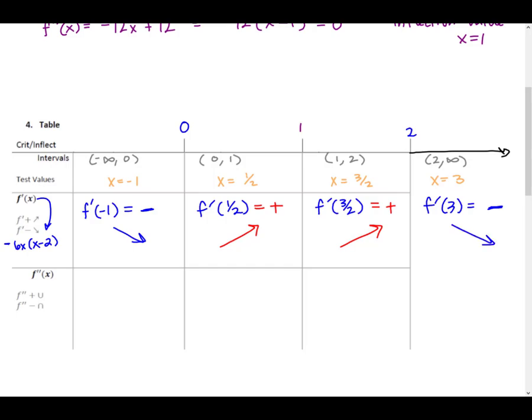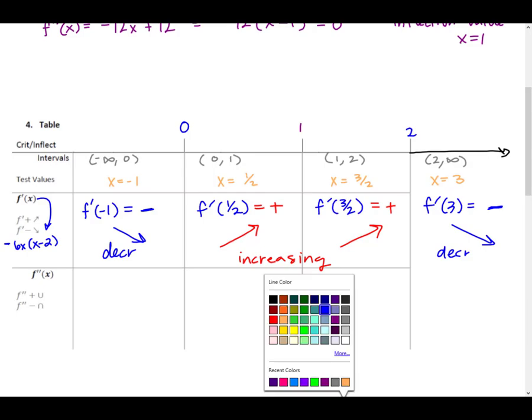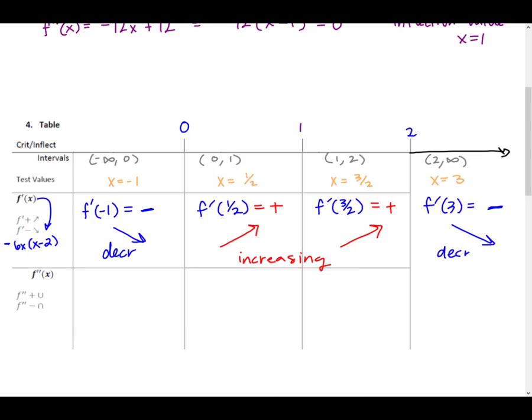Our graph is decreasing. So we are decreasing from negative infinity to 0, and we are also decreasing from 2 to positive infinity. And then we are increasing between 0 and 2. Now, where we change from increasing to decreasing, or decreasing to increasing, represents a max or a min.